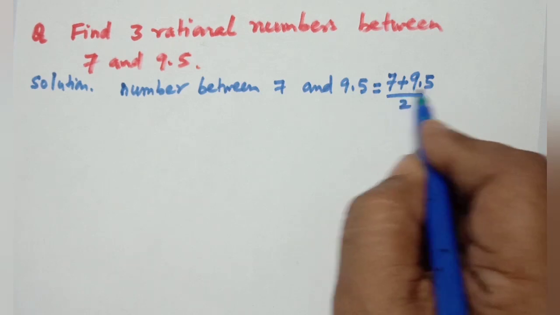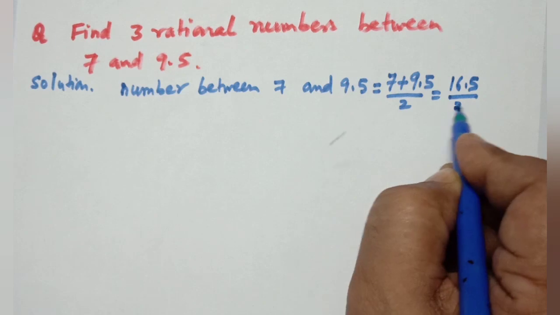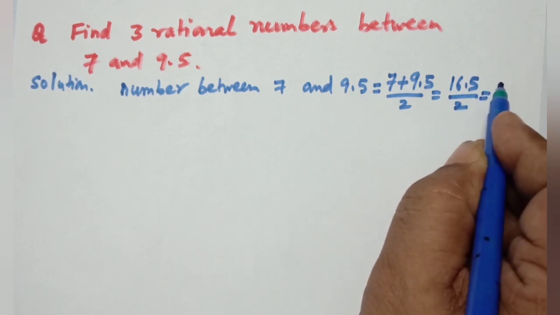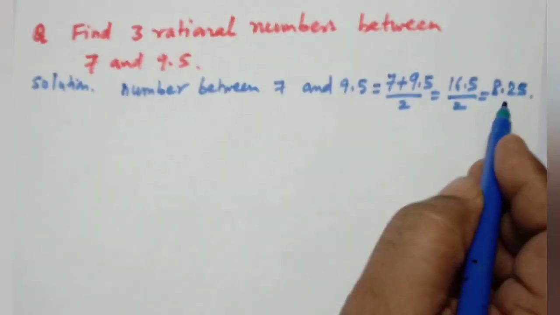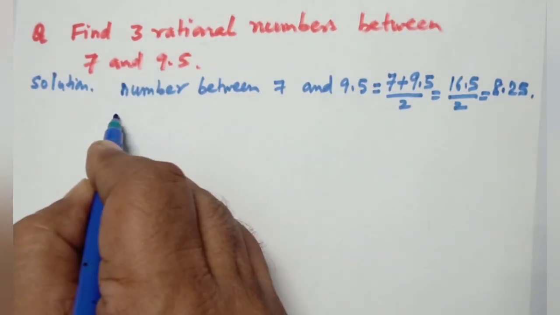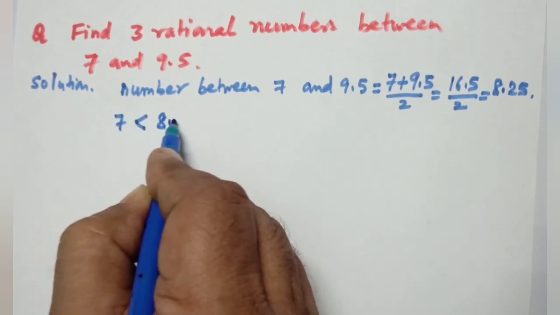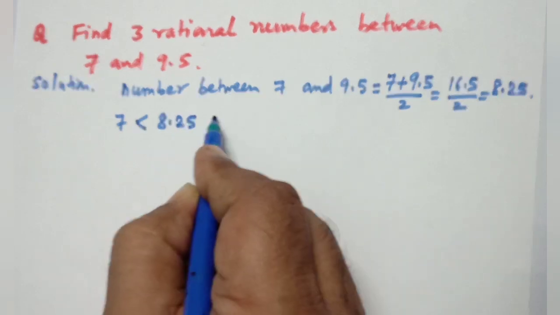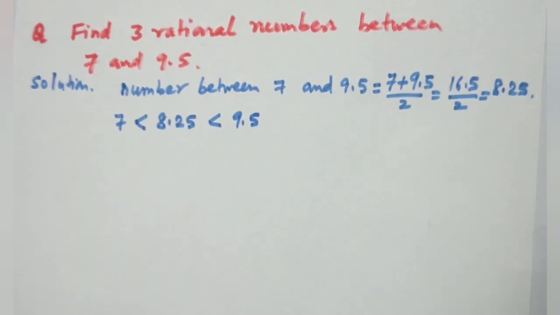If you add them, this becomes 16.5 by 2, that is equal to 8.25. Now 8.25 is between them, so we can write like this: 7 is less than 8.25 is less than 9.5. So we are writing this in ascending order.